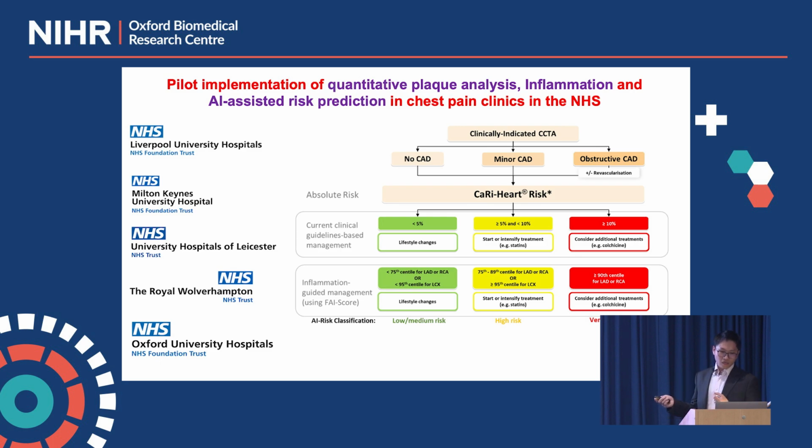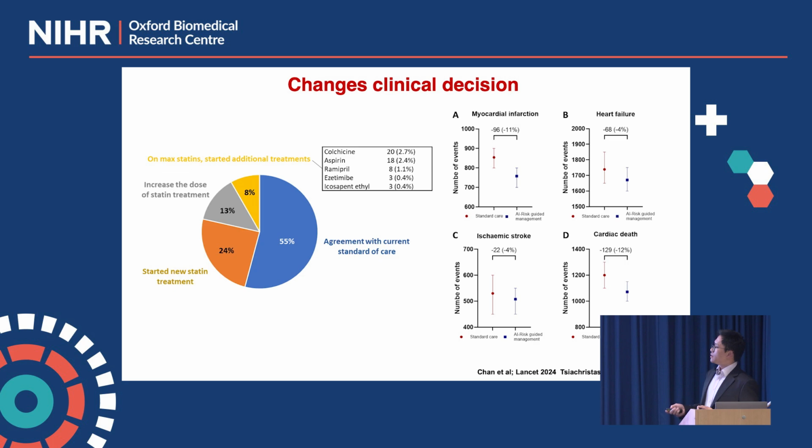And from the initial results, we saw that it changes treatment in 45% of patients, compared against the best clinical guideline that we have at the moment. And it changes 45% of treatment above and beyond what we could do in current practice.